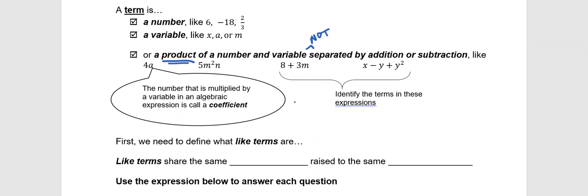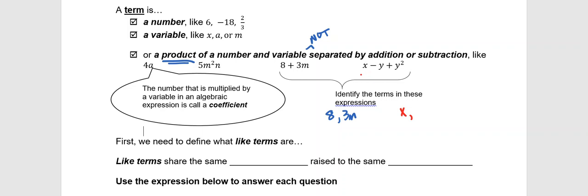So when I look to identify the terms in this expression, 8 is a term, 3m is a term, okay? Whereas in the next expression, ignoring the operations, x is a term.